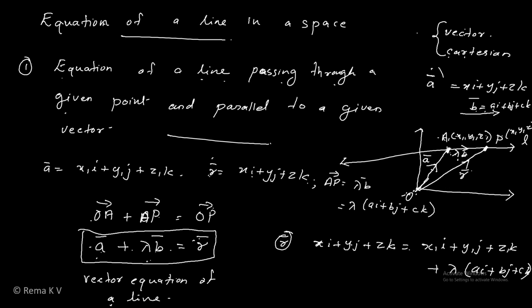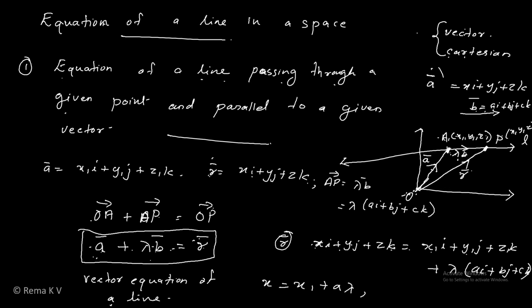Okay, we are applying the component form of these vectors a, b and r here. r is xi plus yj plus zk. Vector a is x1i plus y1j plus z1k, plus lambda into b, which is ai plus bj plus ck. Equating the corresponding components, we can write x is equal to x1 plus a lambda.